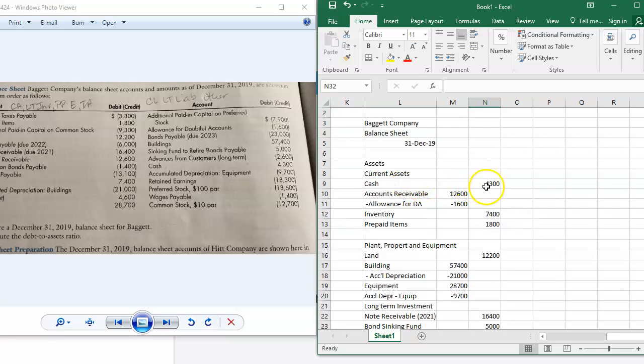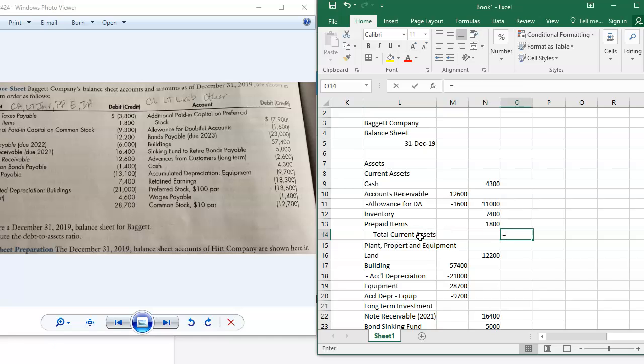All right, so I'm going to net these two, and that's going to give me my total current assets.